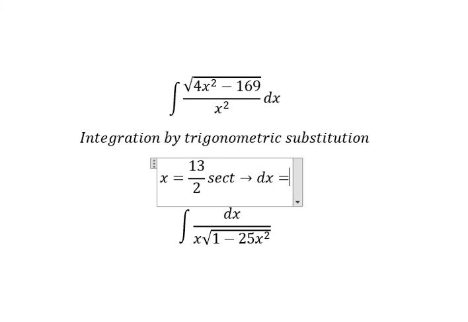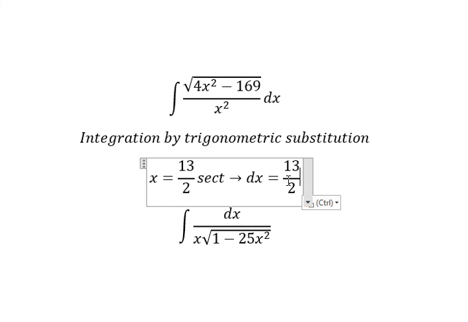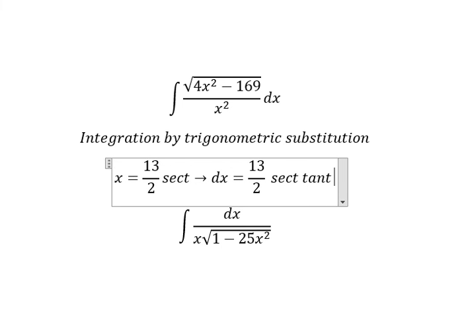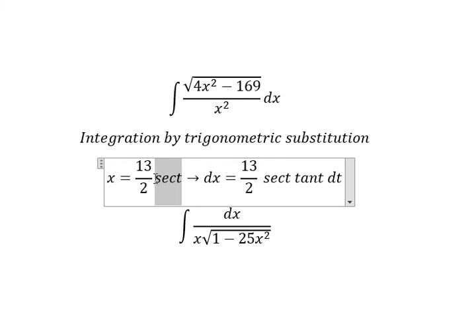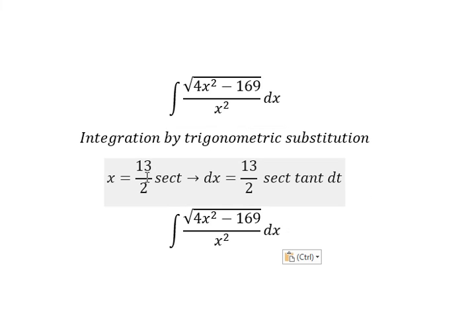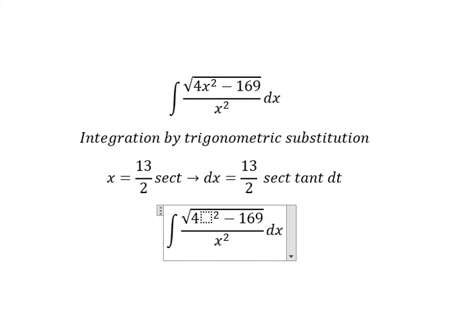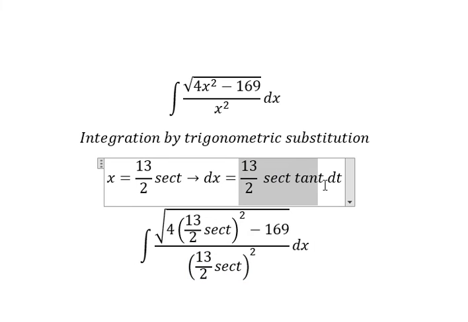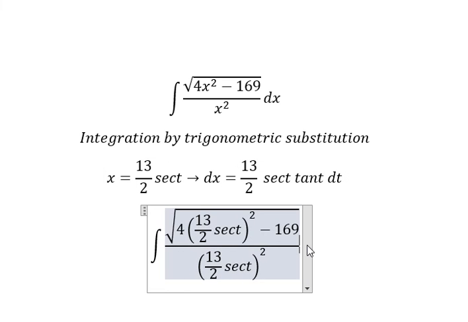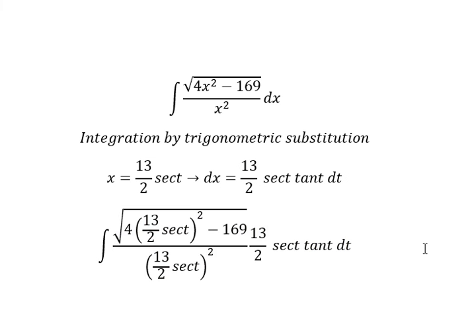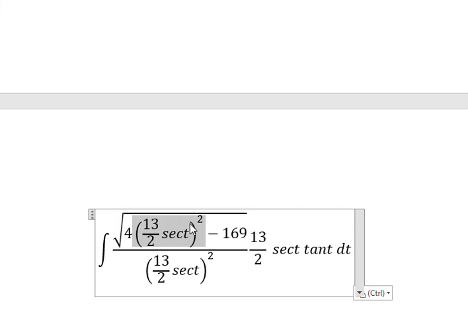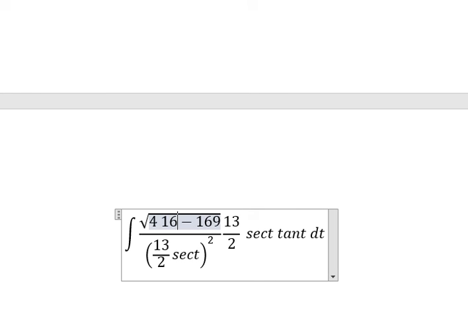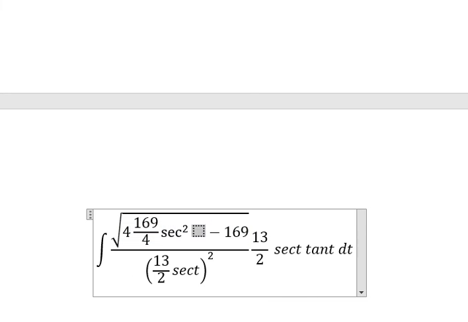Next, we do first the derivative for both sides, and you get secant of t tan t dt. The derivative of this one, you get this one. So I will put this one in here and here. The x we change by this one. This one you get 169 over 4 secant of t squared.